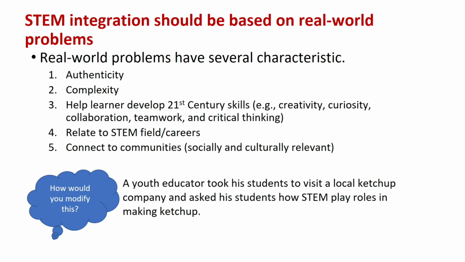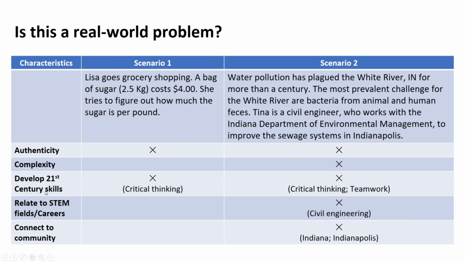Well, you can see there's certainly authenticity there because of the real world context, but maybe there is a need for more complexity, or having students actually solve a problem, giving them a problem, or identifying a number of problems that are being solved in that local ketchup company, and then having them work through that so they can see this is what real world people do in the STEM field when they work in these careers. So just an example of how you could go further with that particular case.